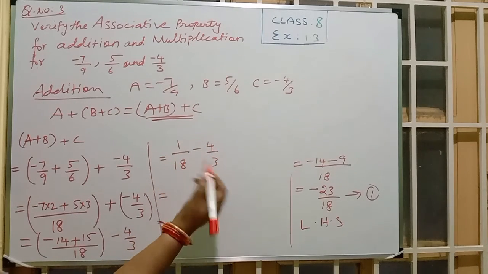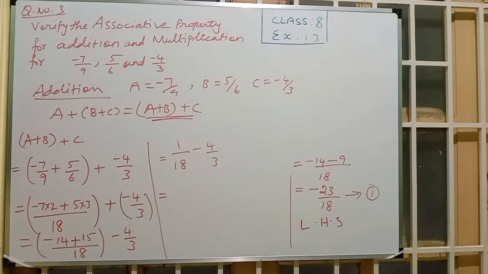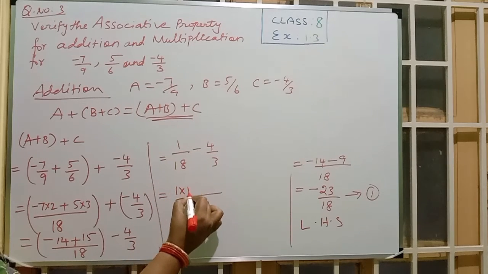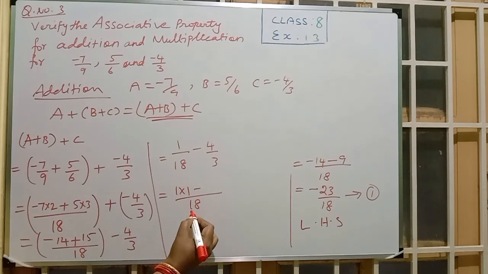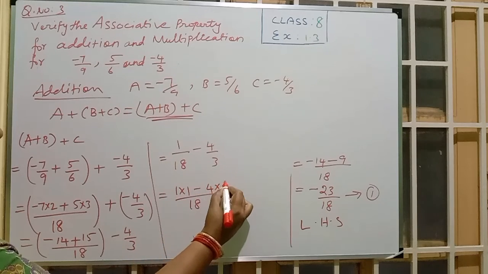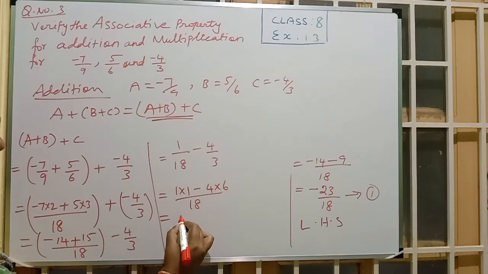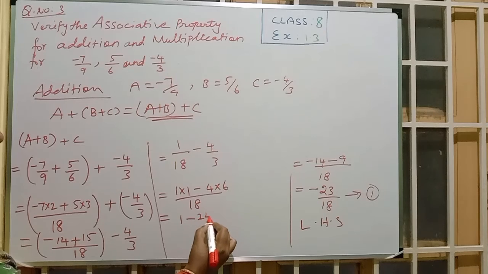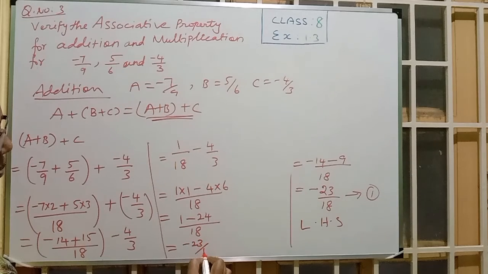Now one more time we need to take the LCM. The LCM of 18 and 3 is 18. 18 ones are 18, so 1 into 1, minus 3 table 6 times, so 4 into 6. That is equal to 1 1 is 1 minus 4 6s are 24, divided by 18. We get 1 minus 24, that means minus 23 divided by 18.